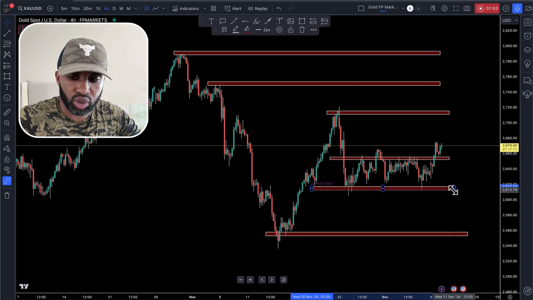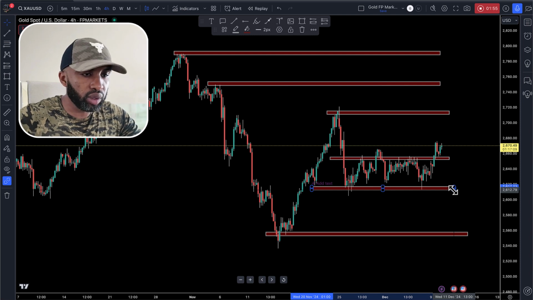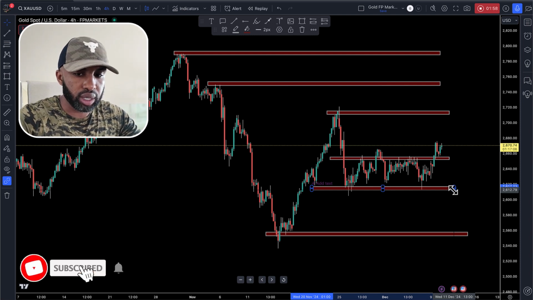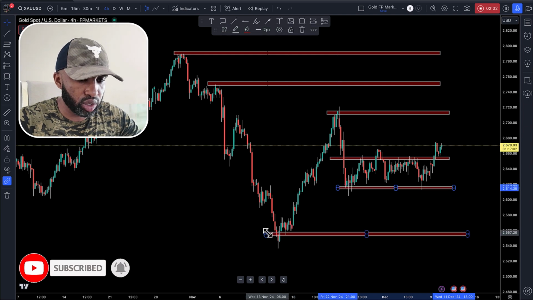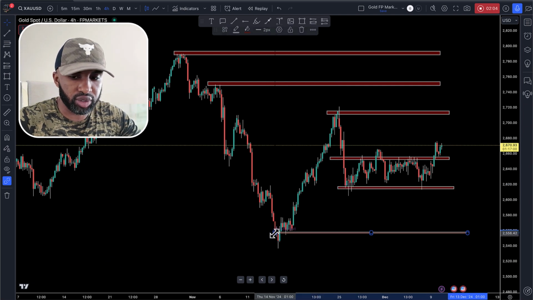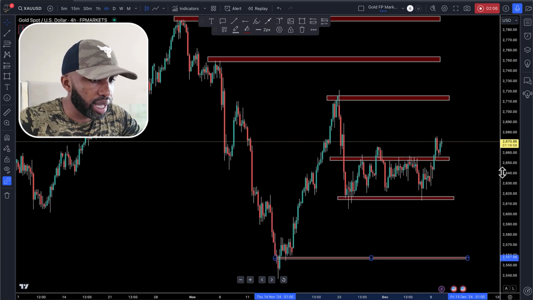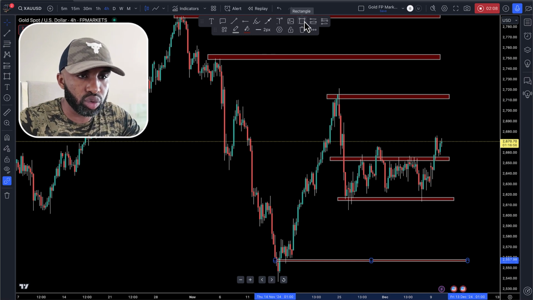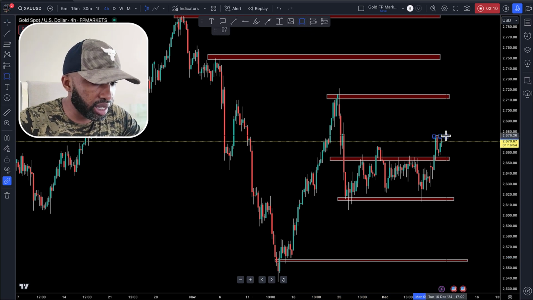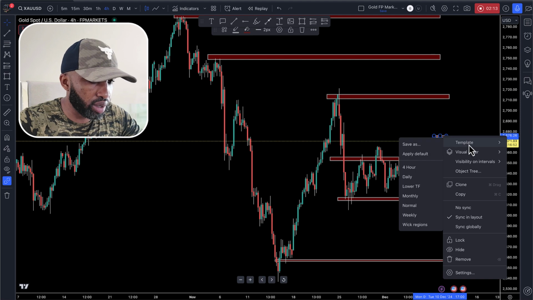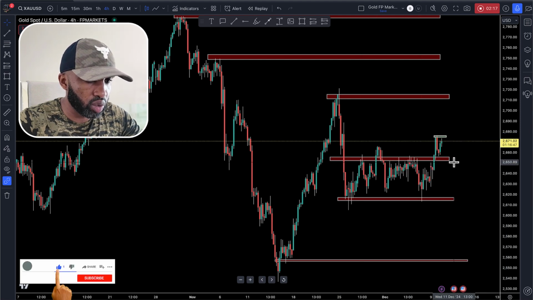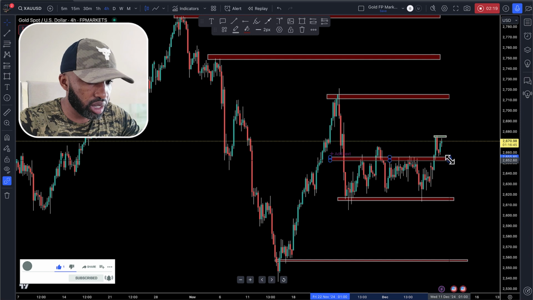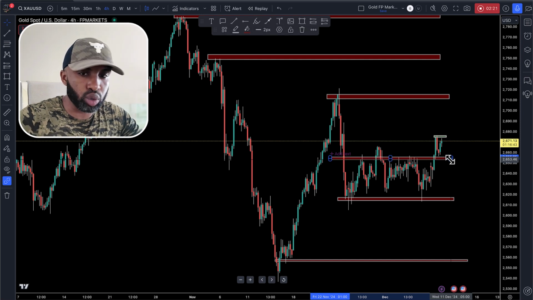So we're marking out the zones here. Red is for my daily, green is for my 4-hour, and blue is for the lower time frame, which is 1 hour and below.